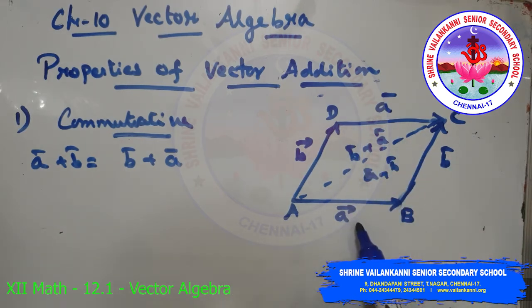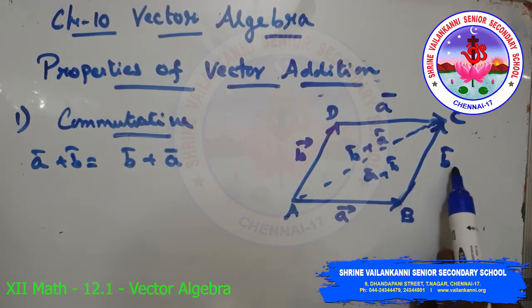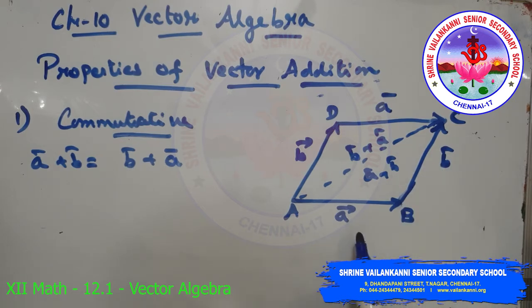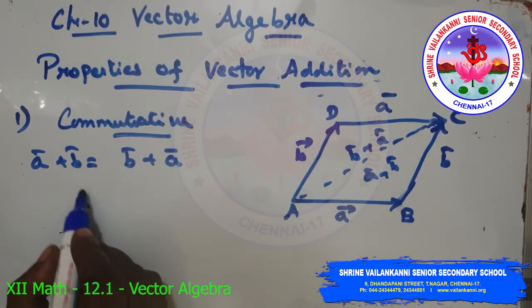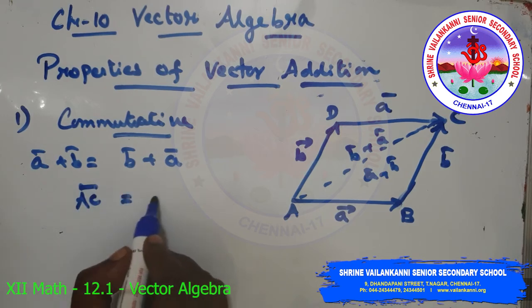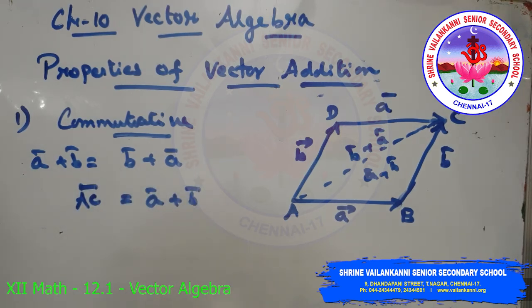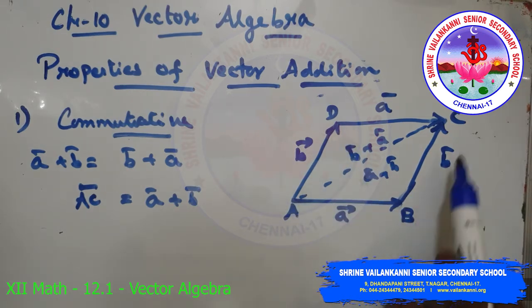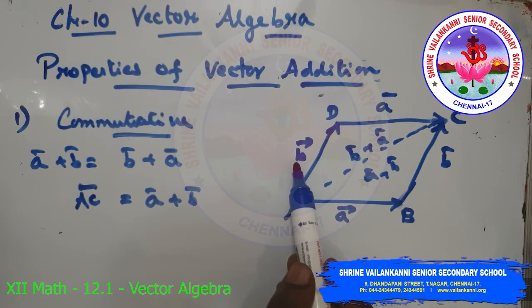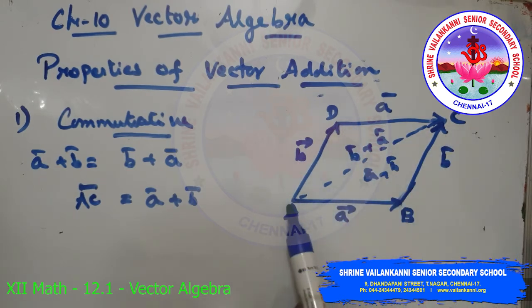Let AB equal to A and BC equal to B. Then using the triangle law from triangle ABC, we have AC equal to A plus B. Since the opposite sides of a parallelogram are equal and parallel, we have AD equal to BC equal to B and DC equal to AB equal to A.